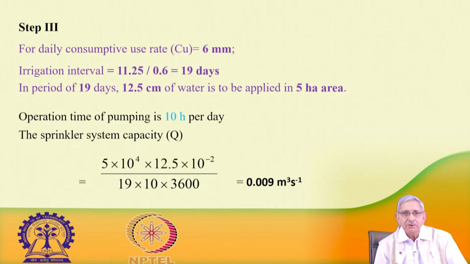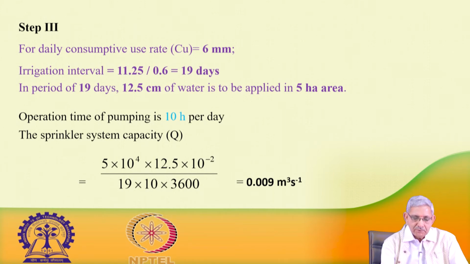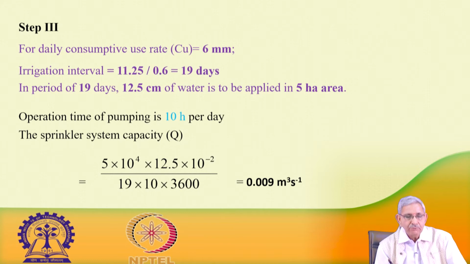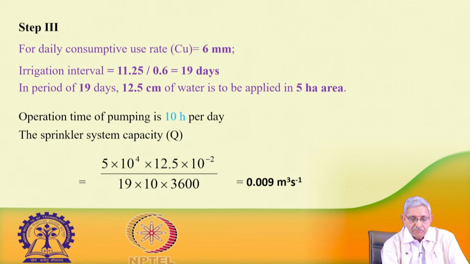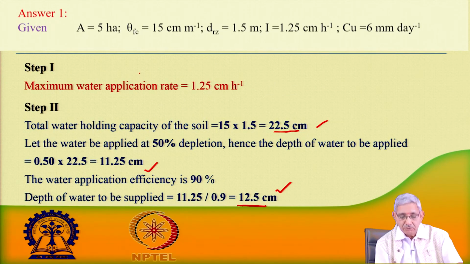Now, the daily consumptive use rate we are given is 6 millimeter per day, and so one can work out what will be the irrigation interval. For your information, we are taking here 50% depletion of the 22.5 centimeter, not the value 12.5 which we have got.